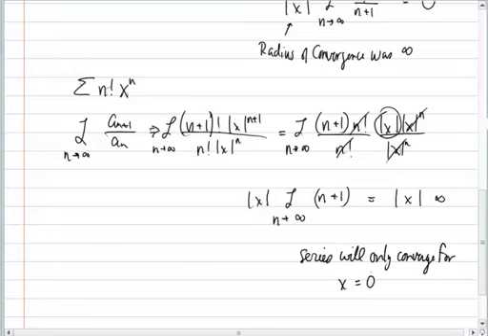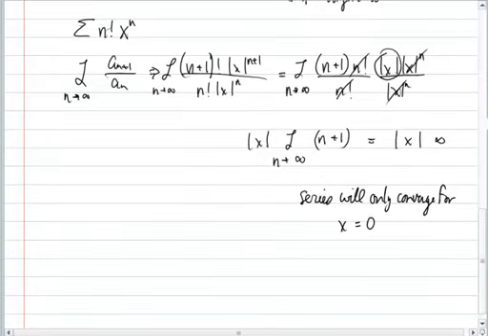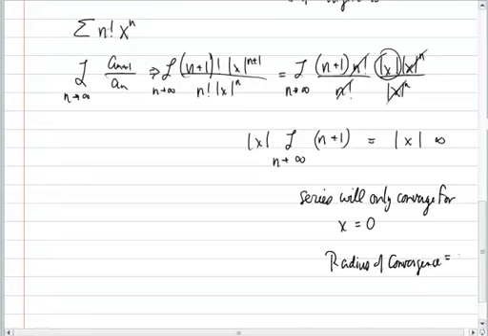And that's really just convergence at a point. That radius of convergence would equal 0, because we only get convergence at one point, and that's when x equals 0.